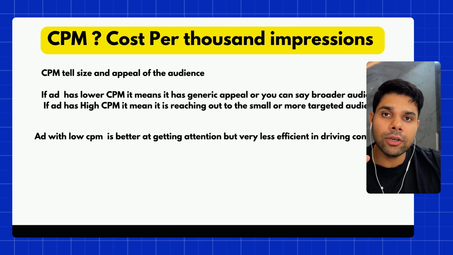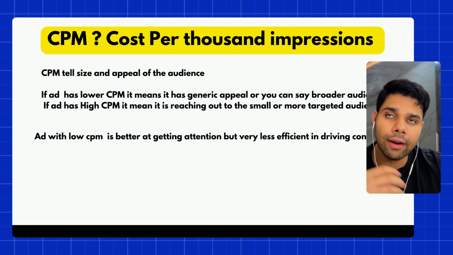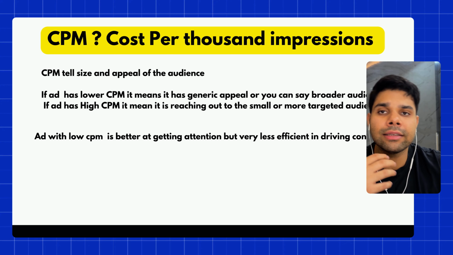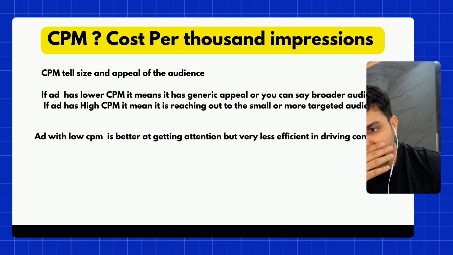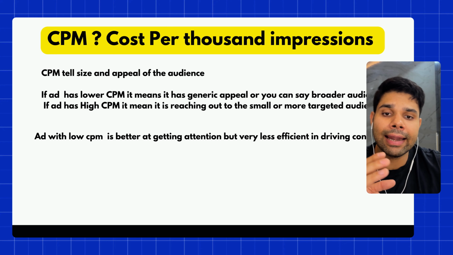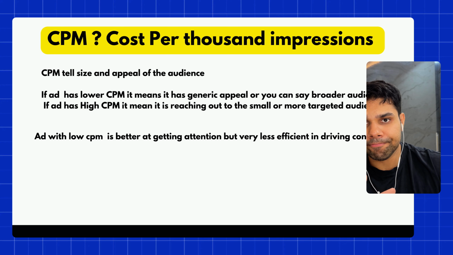So generally what people say is, if your CPM is lower, it means it is a good ad, and if the CPM is high, it is a bad ad, right? See, if an ad has a low CPM, it is better at getting attention but less efficient in driving conversions.